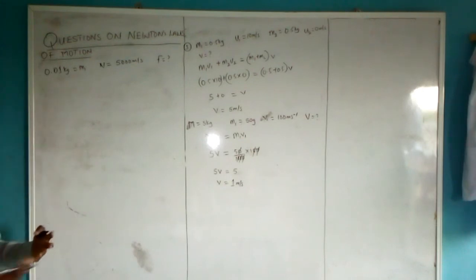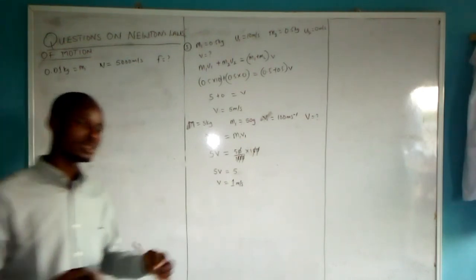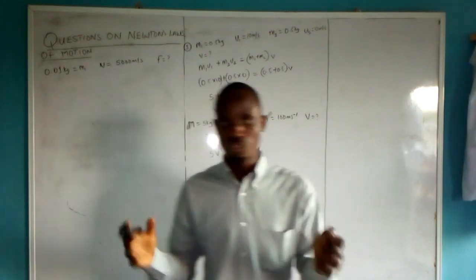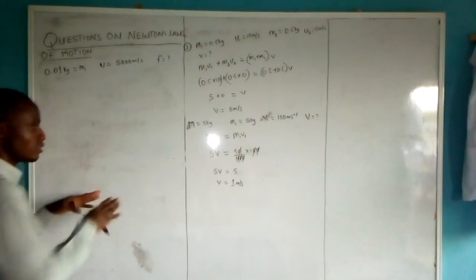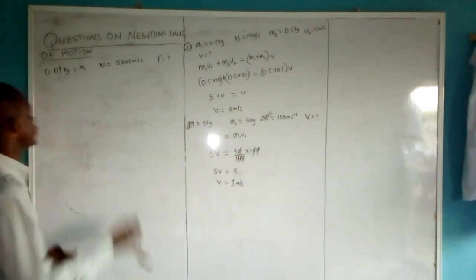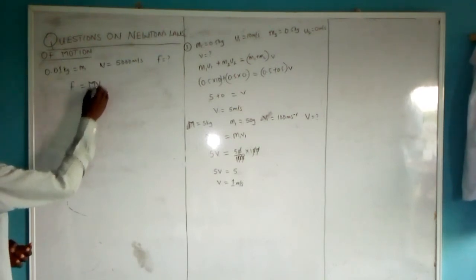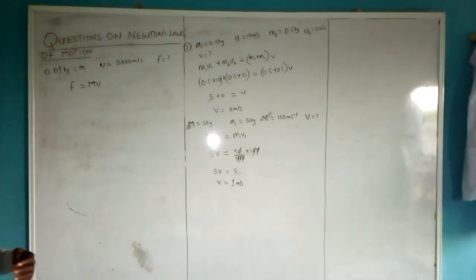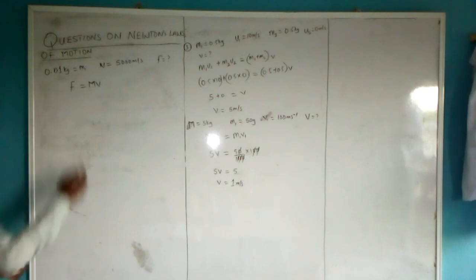So this is just a very simple idea. Most physics questions are just word complicating, but once you know the formula, you get it. We have the formula F equals mv: the force exerted on the rocket is the mass multiplied by the speed of the fuel.